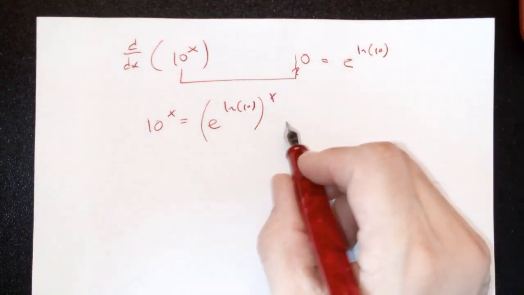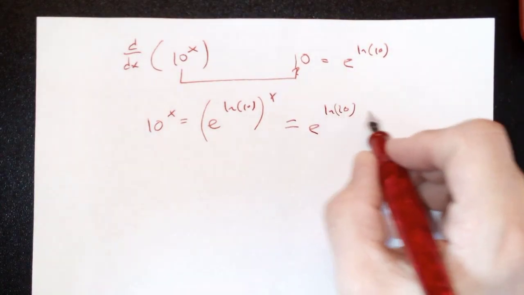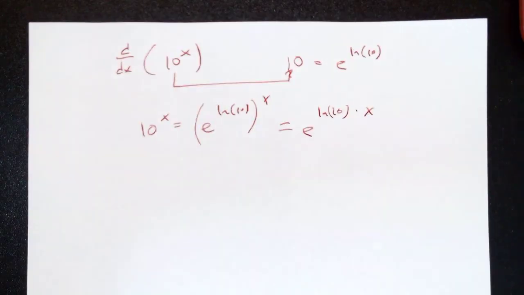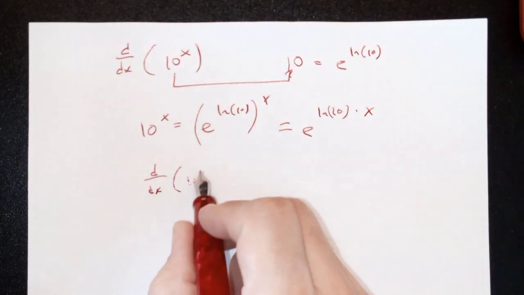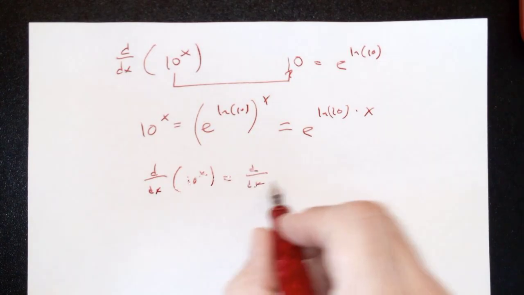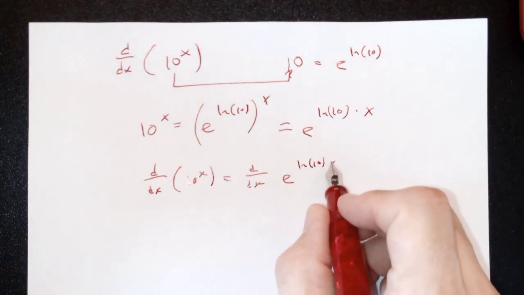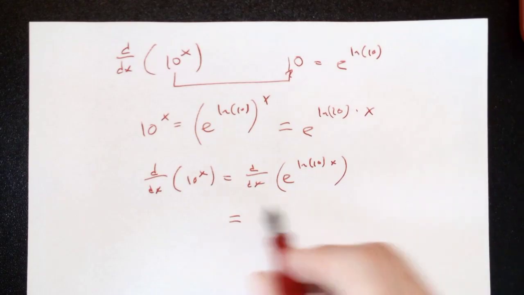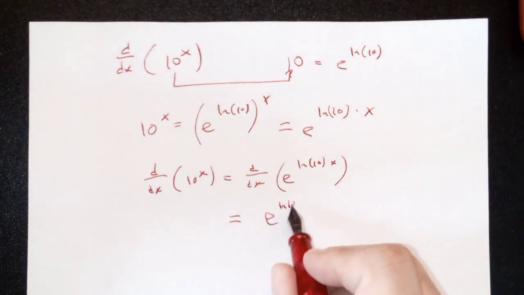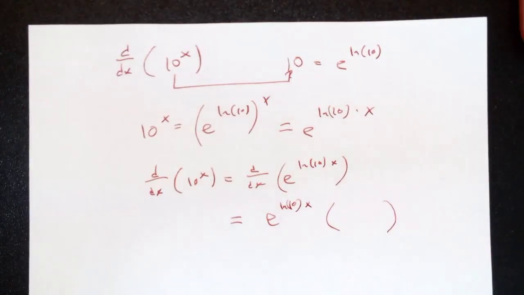So this becomes e to the ln 10 times x, just like it was e to the 2x, or e to the 5x, or e to the 73x. What's the derivative of e to the number x? The derivative of e to the 2x was e to the 2x. But wait, there's more. So the derivative here is e to the number x, but wait, there's more.